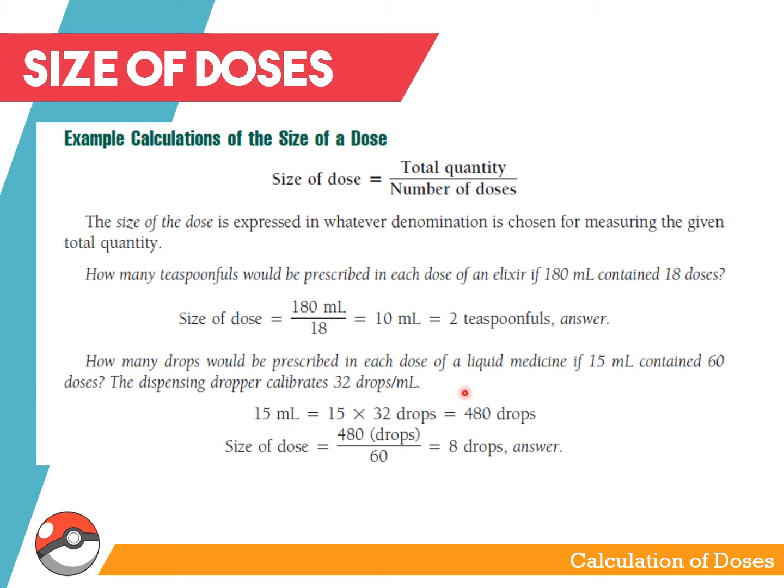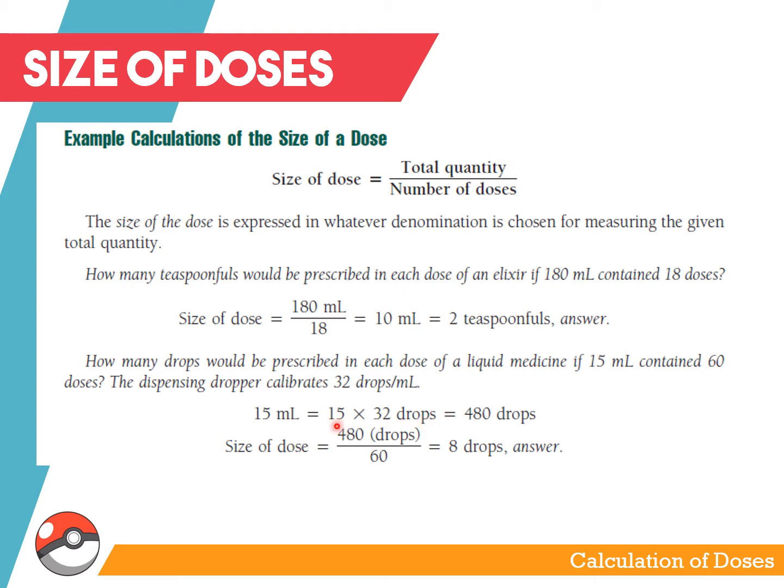So first, let us determine the number of drops. So how do we do that? We simply multiply the total volume, which is 15 ml, and the number of drops that the dropper can contain.